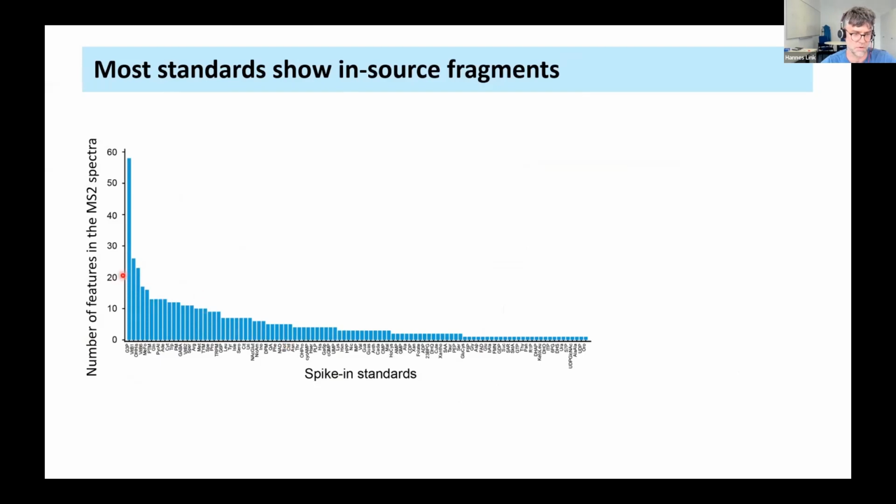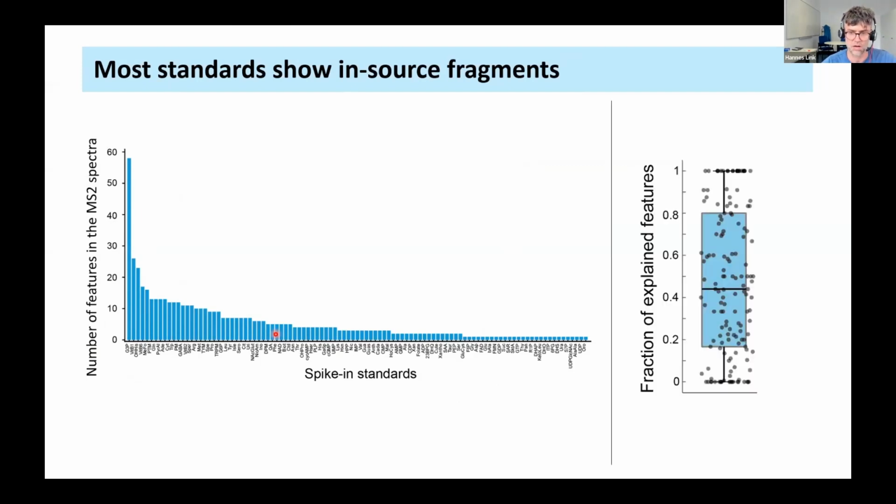And you see that for many of them, we find multiple in-source fragments. If we add them to our network or to the explanation, we can increase the fraction of these significant changes of the ion peaks up to almost 50%. So a majority of these additional features that we detect are explained by neutral losses and by in-source fragmentations, and the rest is still unknown.